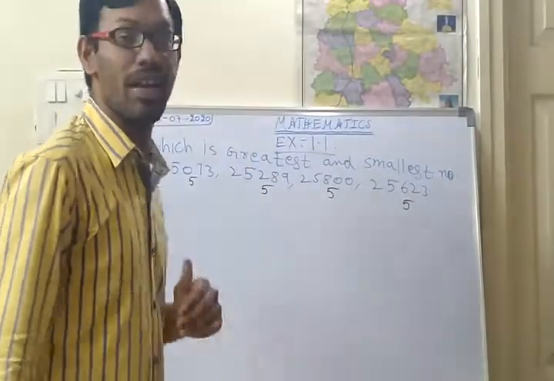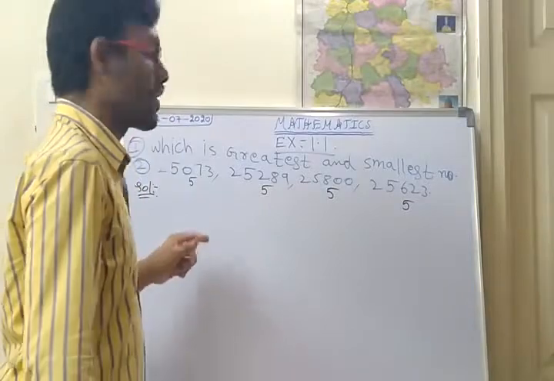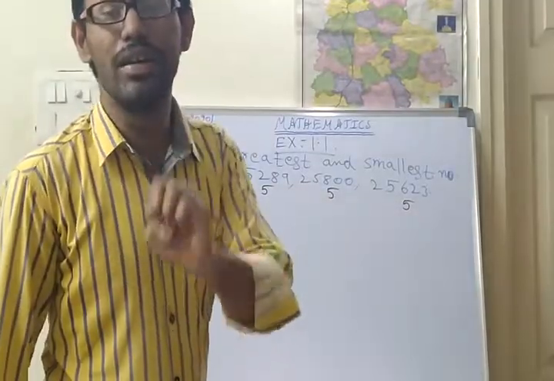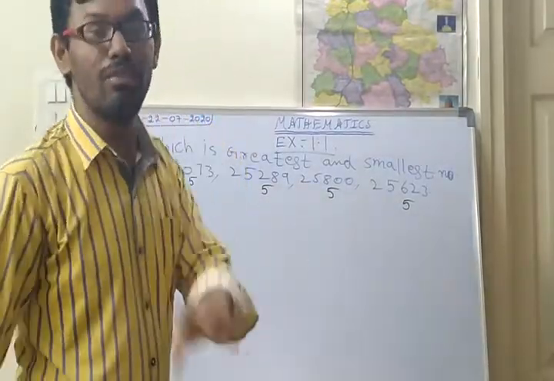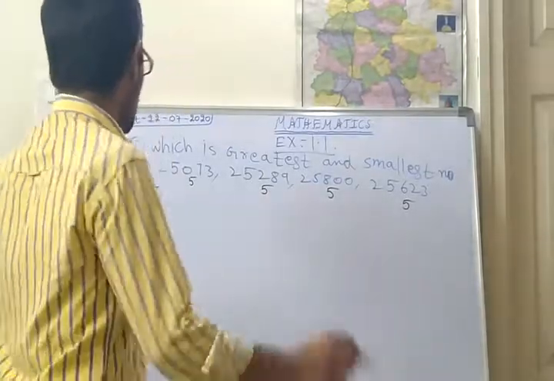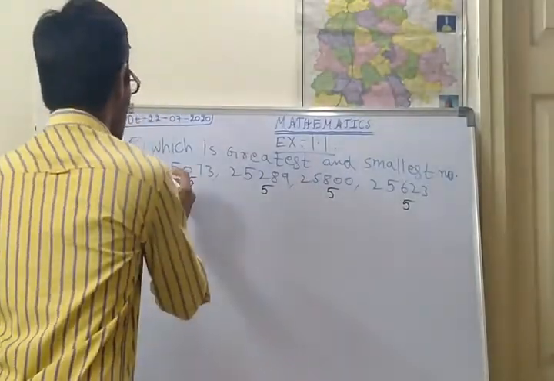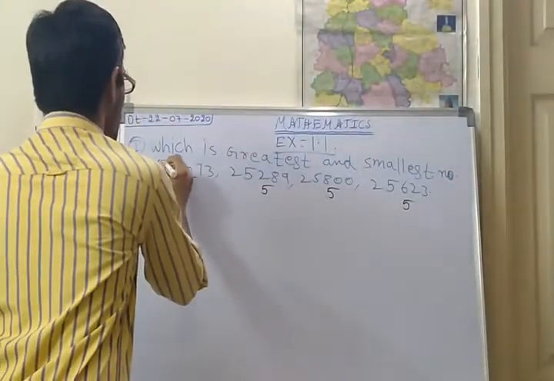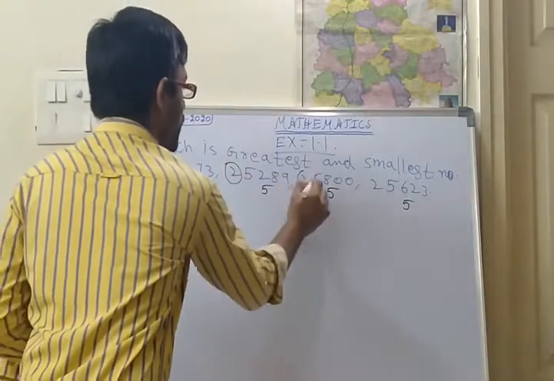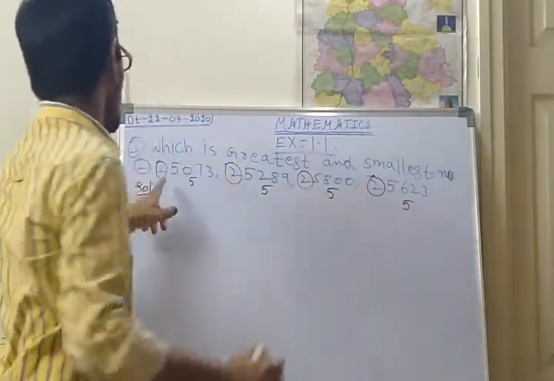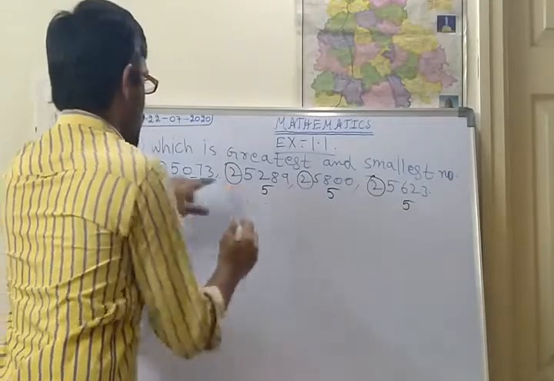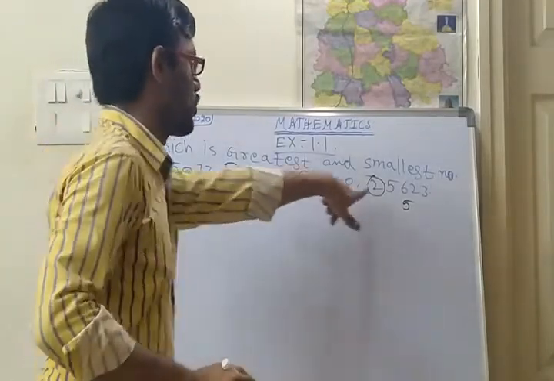So which method should you take? You should take the second method. What is the second method? Identifying the places of digits. First, identify with the help of the first digit. What is the first digit here? 2. Here 2, here 2, here 2.